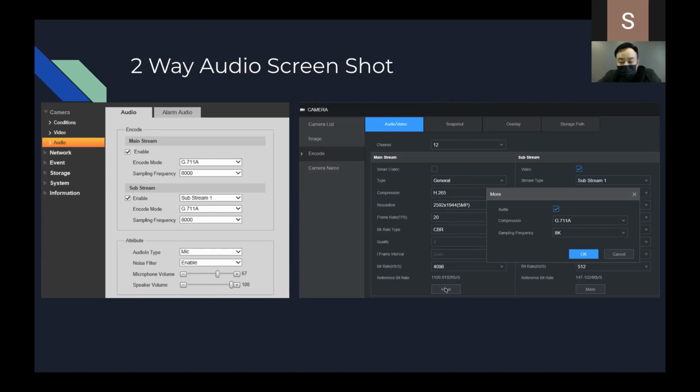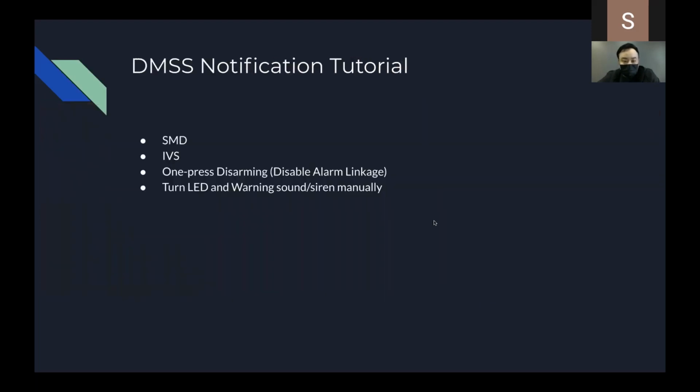It is here. Click on more, and you will find this window. Enable the audio, check mark here. The presettings are fine, and hit OK. It will be saved, and that's it. Two-way audio will be enabled. Once you want to talk, you can use live view on the DMSS.